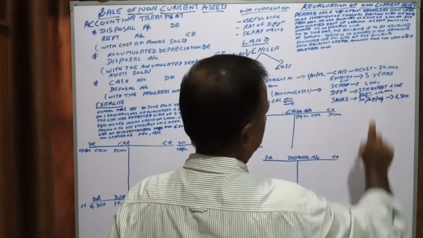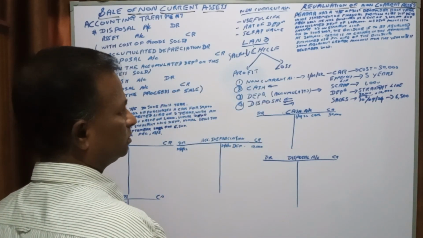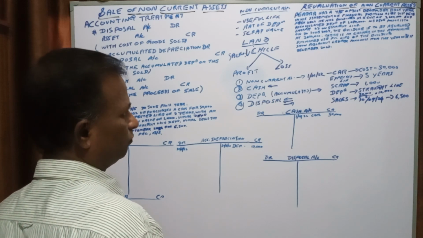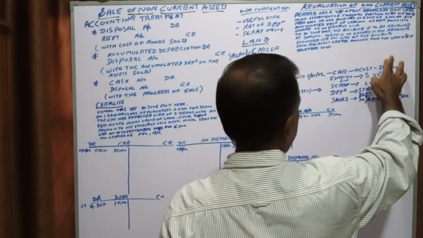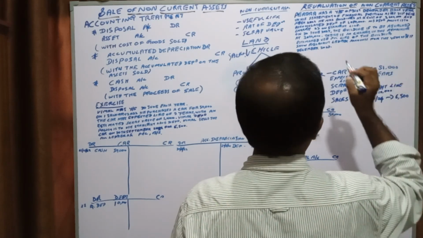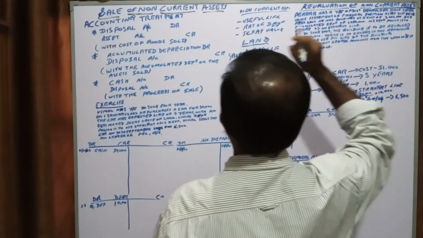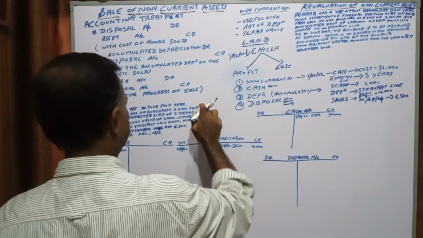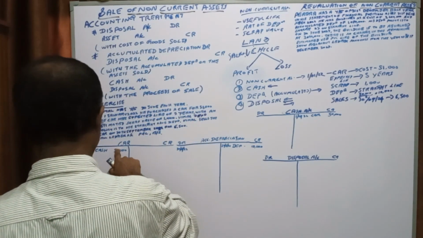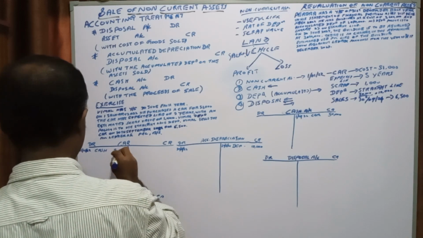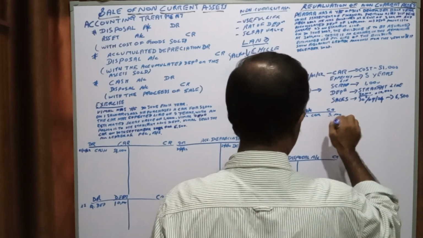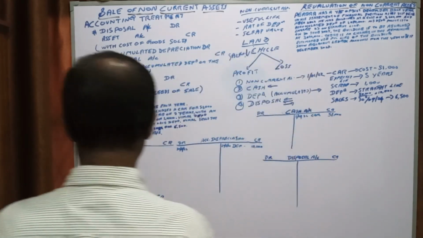For the straight line method, we say the cost is 51,000, because the calculation will be easy for us.